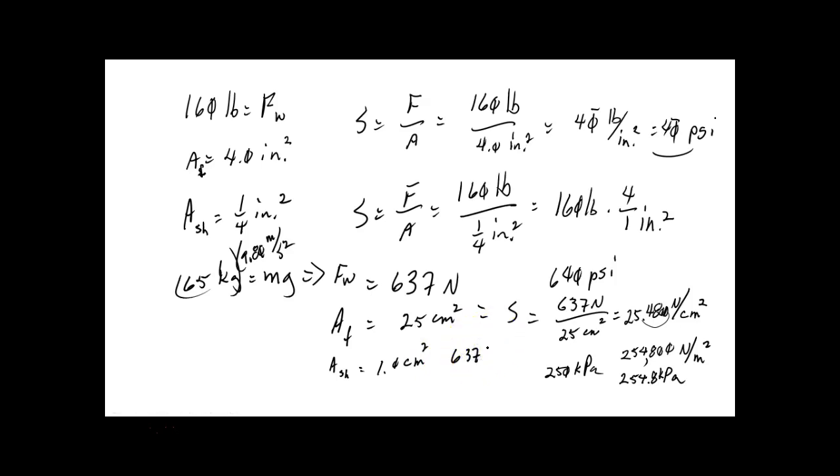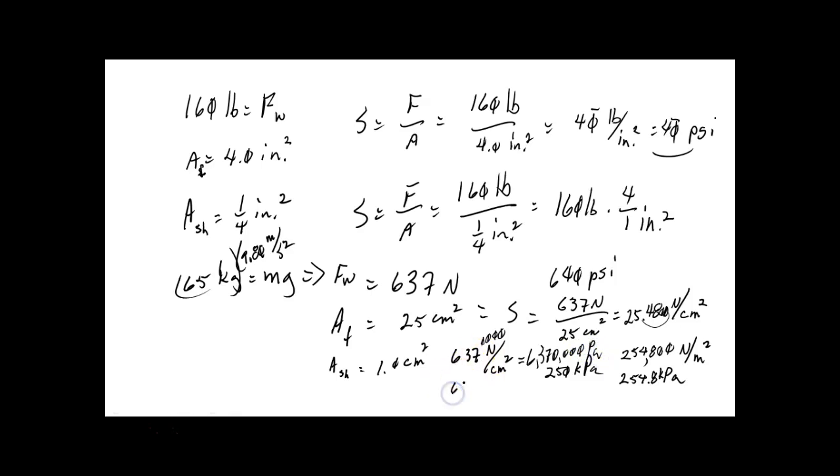So that would give you 637 newtons per square centimeter. And you'd have to move your decimal 4 places. So you do 1, 2, 3, 4 zeros. That would be 6,370,000 pascals. Goodness gracious.